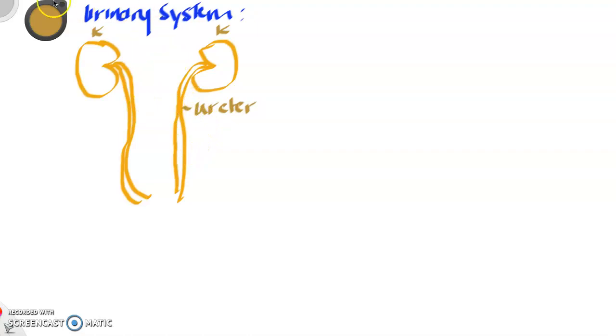So we have two ureters, and they end up going into this structure called the bladder. And they go in sort of the back here.